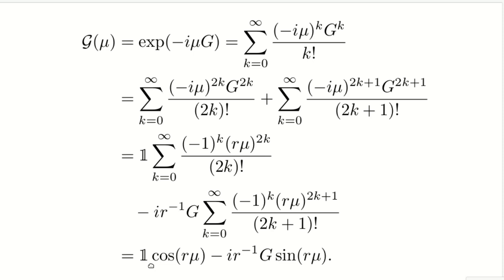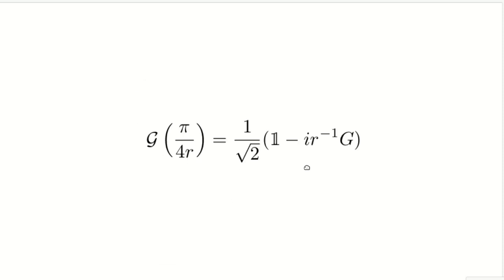This whole thing reduces into this form: 1 by root 2 identity minus I r inverse into g, this Hermitian operator. Cool. So what we have seen is any single qubit gate can be written in this form.